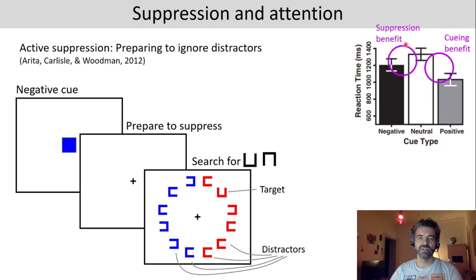And then what you see here is what the authors call a suppression benefit. So basically what you see is that the performance is not as good as with positive cues, but still there's a difference to neutral cues. So it does help to prepare through proactive suppression of blue items when you know blue is going to be irrelevant.